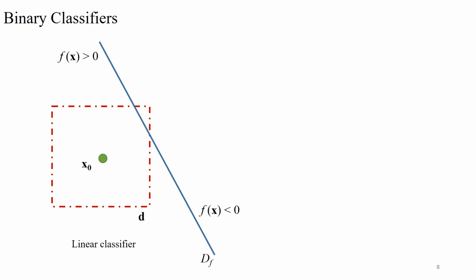Let's first consider the horizontal dimension. By mutating the coordinates of x0 on the horizontal dimension to the maximum and minimum value bounded by L-infinity distance d, we derive 2 mutated images x1 and x2.